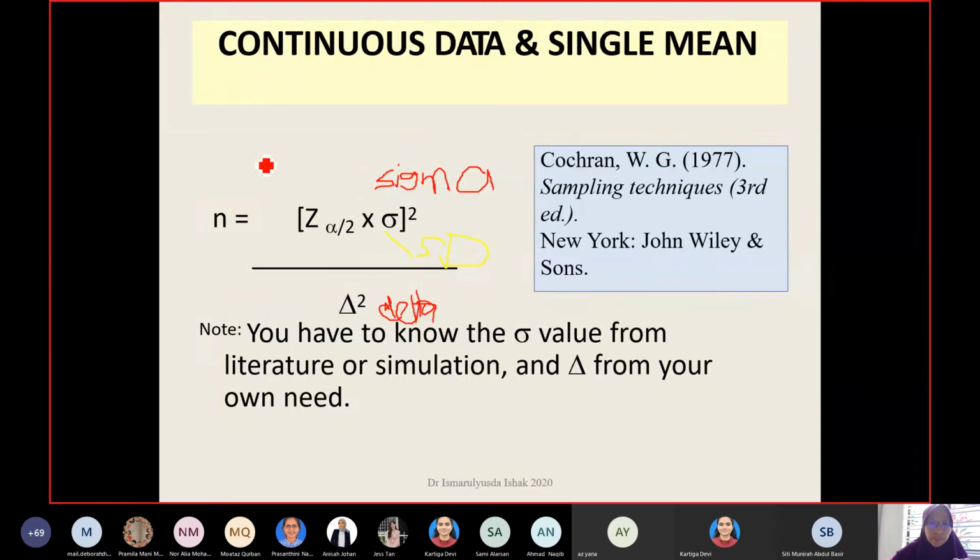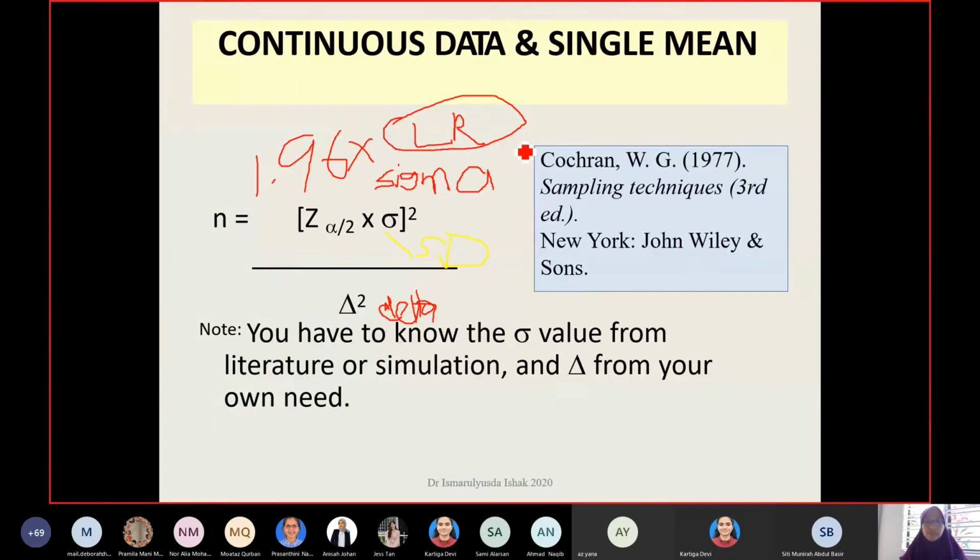So 1.96 times the standard deviation. This is from your literature review, or maybe from the first phase of your study, or from your pilot study.